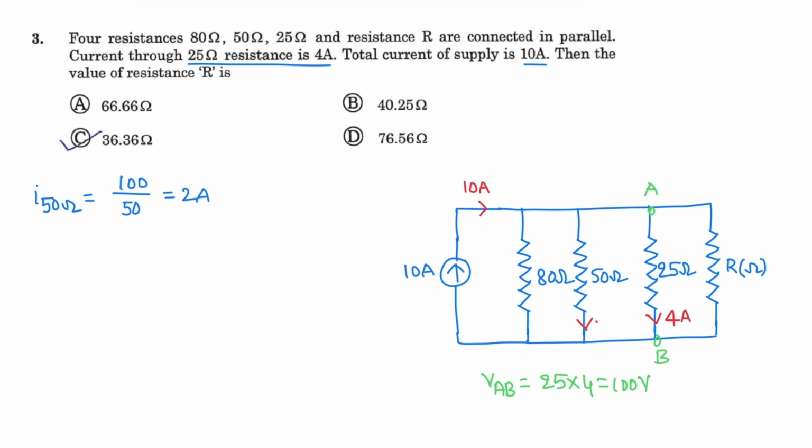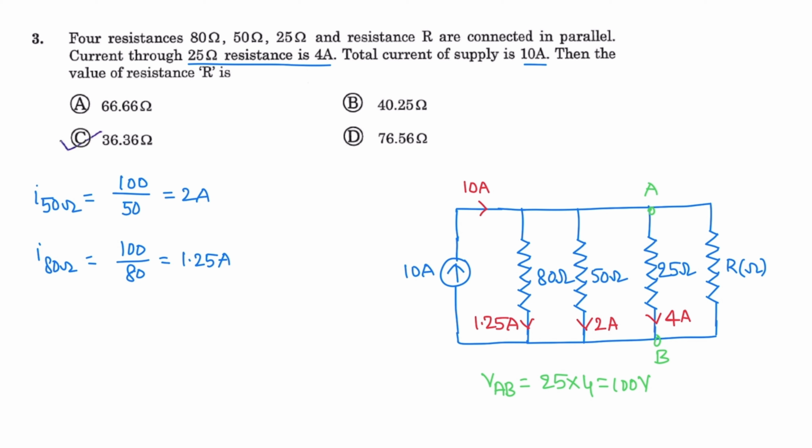Similarly, the current flowing through the 80 ohm resistor is 100 by 80, which is 1.25 ampere.